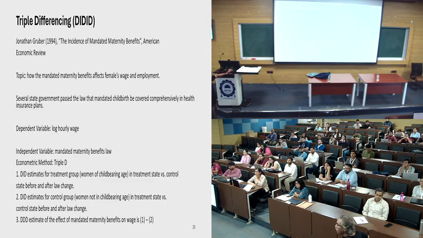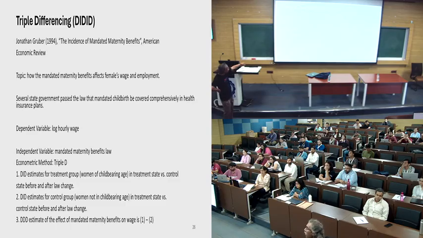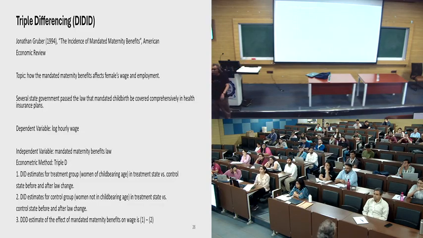Two are already there. And then the last one, the DD estimate of the effect of mandated maternity benefits, is nothing but the difference between 1 and 2. So 1 is my DID, 2 is my other DID, 3 is nothing but the difference between the two DIDs, and hence it is triple DID. Clear? Fine.